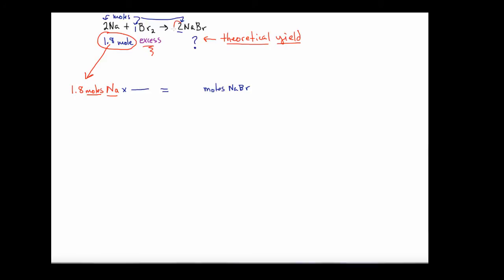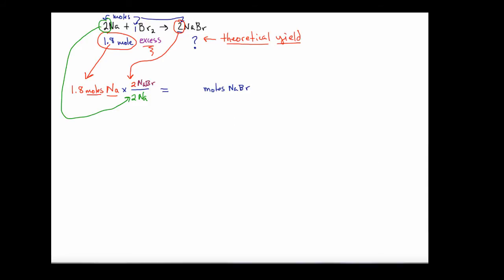Basically, in the top of the fraction, what I want to use is the coefficient from the thing that I'm solving for. So we're going to have a 2 here from the balanced equation, and then our label, it's sodium bromide. Underneath, we're going to have the coefficient from the thing that I want canceled, so we need the 2 from the sodium, and then we need the label that identifies the thing that is going to cancel.